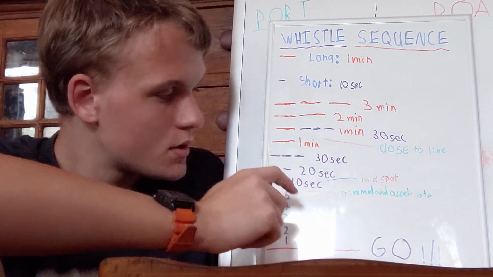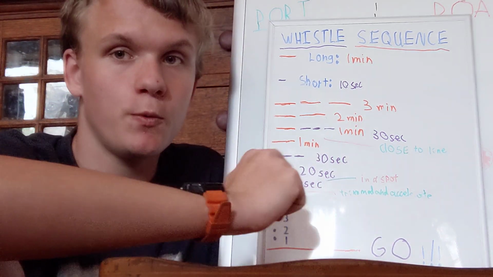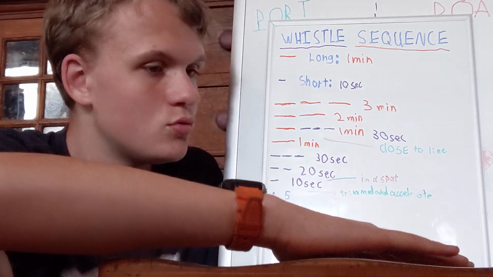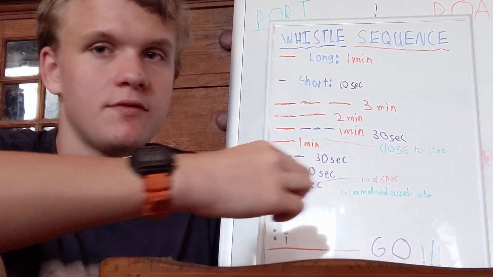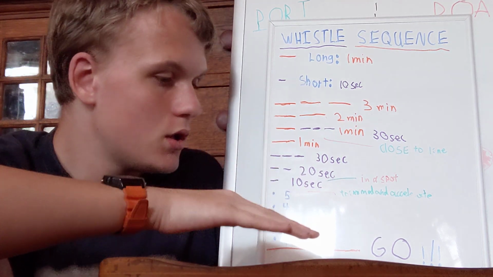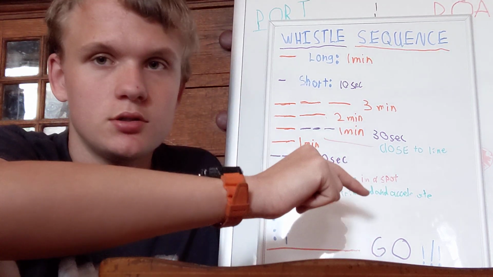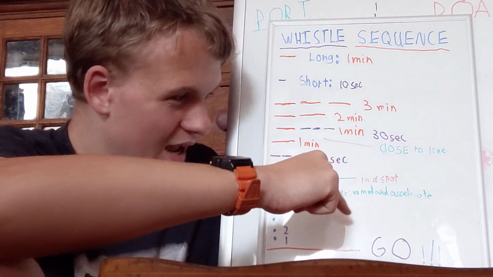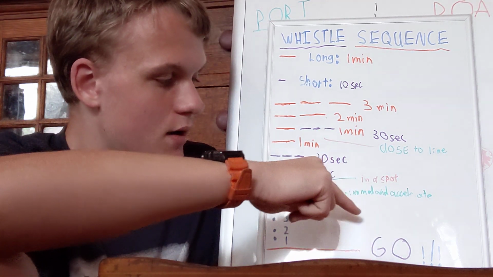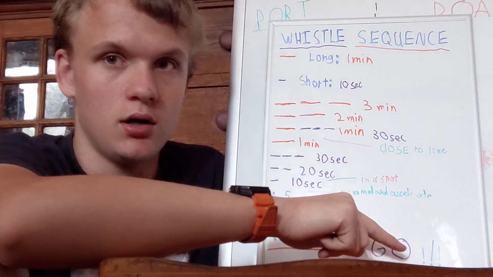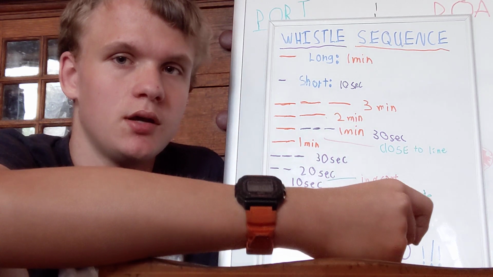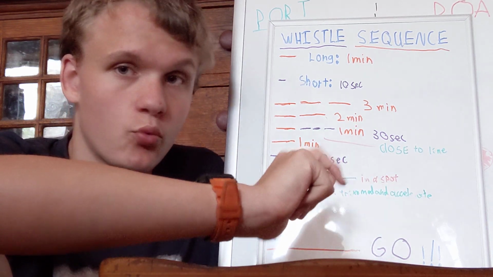Okay, so then they'll call 10 seconds, and that will signify you should usually give yourself enough space so that you can trim in your sails to the proper point of sail, and be accelerating so that by the time go is called, you're at full speed and you're right on the line.